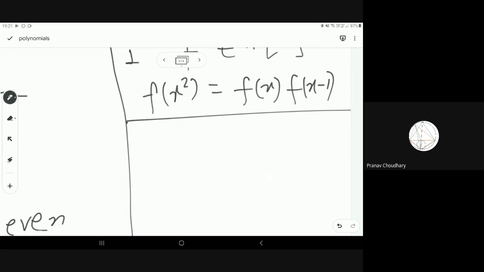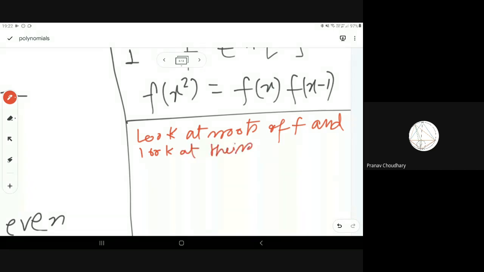We will look at roots of f and look at their absolute values, their norms. Suppose alpha is a root of f, right?